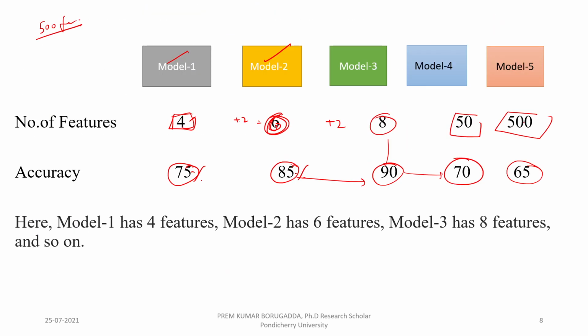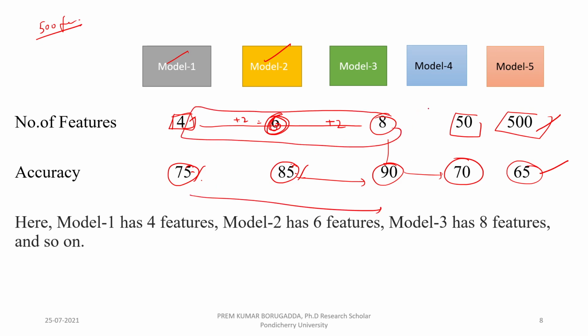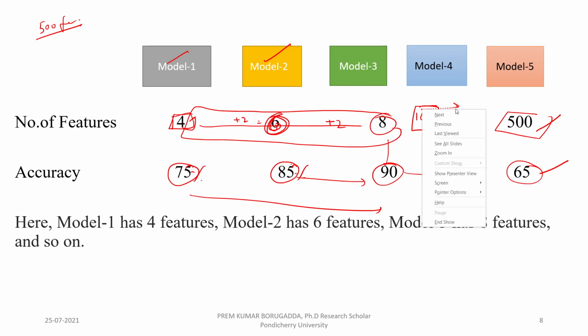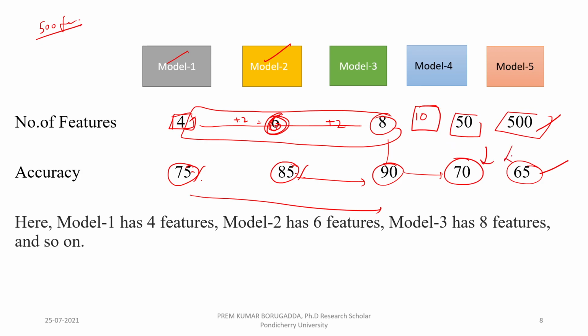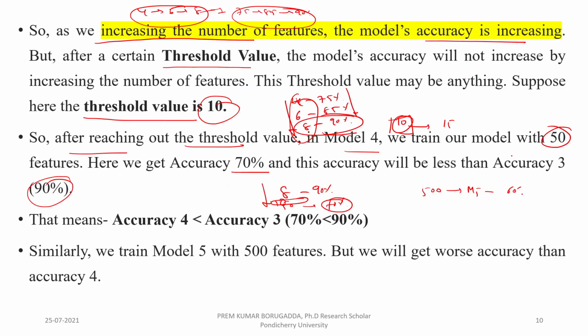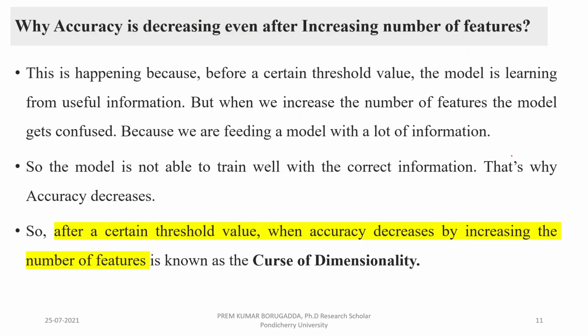So with 500 features I got 65%, which means that while increasing the number of features, up to one level the accuracy may increase. After that threshold, which could be any value, and here I am taking the threshold as 10, once the number of features crosses it, the performance decreases. This is the concept of the curse of dimensionality.